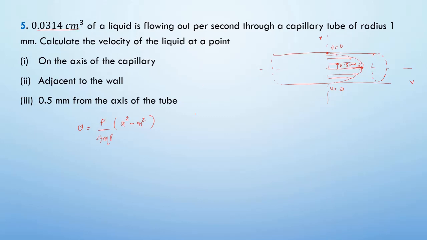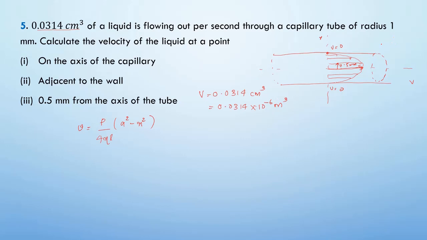So volume is given as 0.0314 centimeter cube. We need to convert centimeter cube to meter cube. 1 centimeter cube is 10 to the power negative 6 meter cube, so it is 0.0314 into 10 to the power negative 6 meter cube.